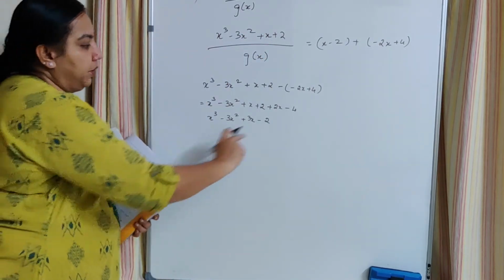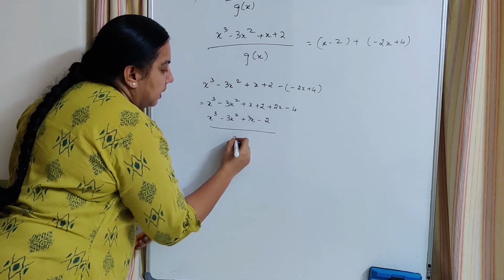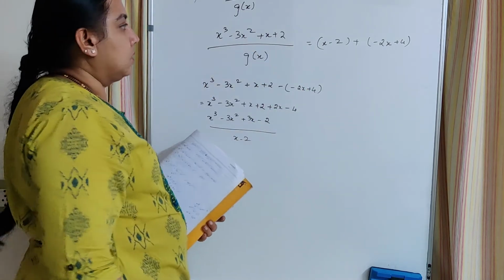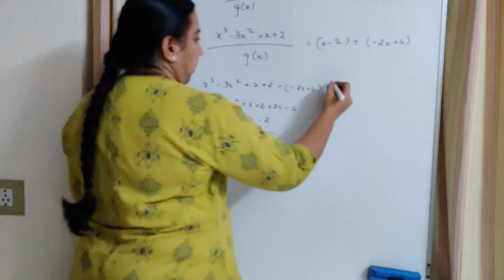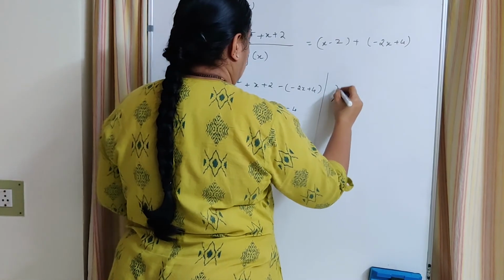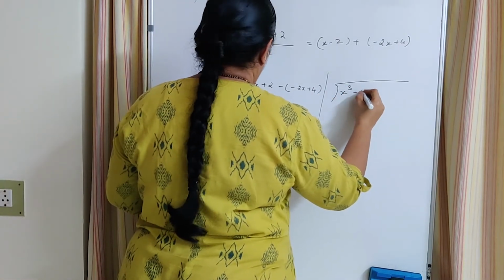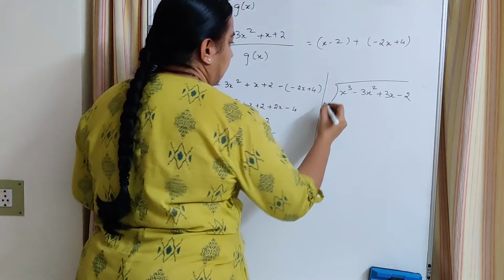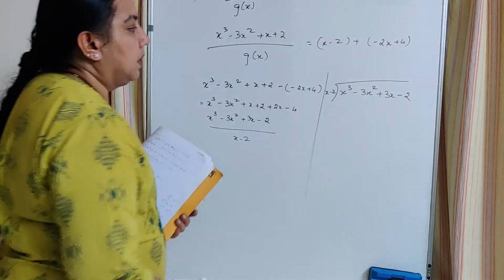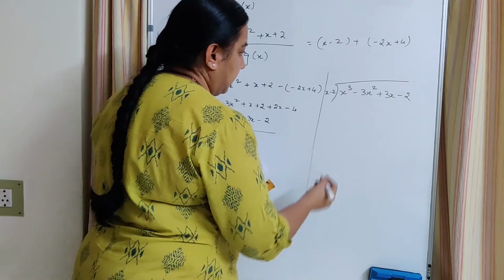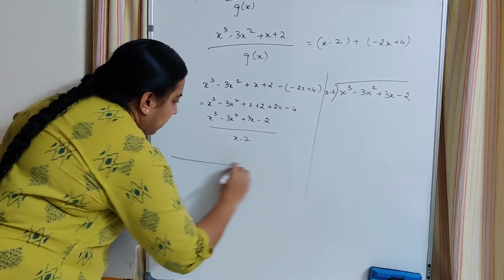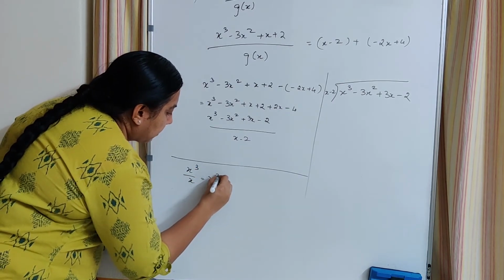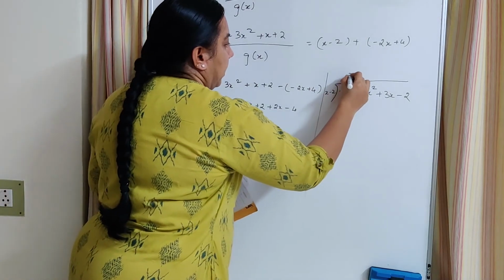With this new p of x, I am going to divide it with x minus 2. When I divide it, I get g of x. So I will do it here only: x cube minus 3x square plus 3x minus 2 divided by x minus 2. It's a normal polynomial division now. Let us do the rough column here. x cube divided by x is x square, so I write x square here.